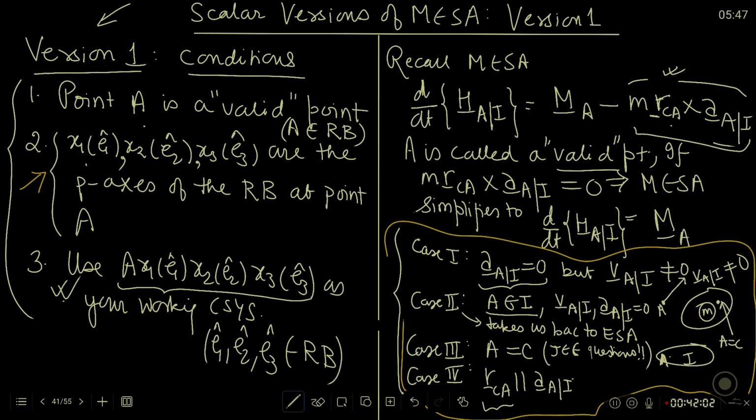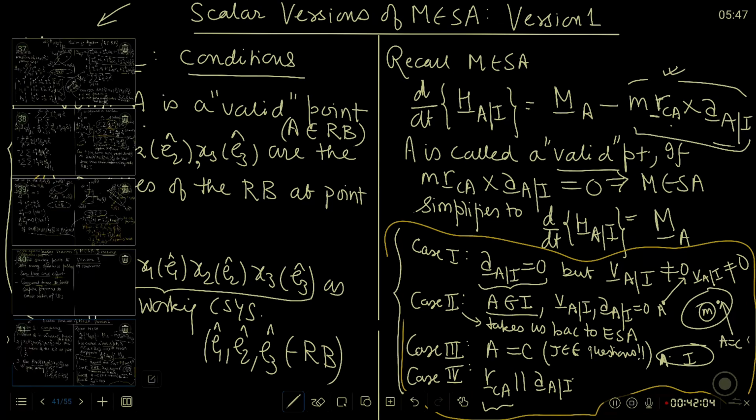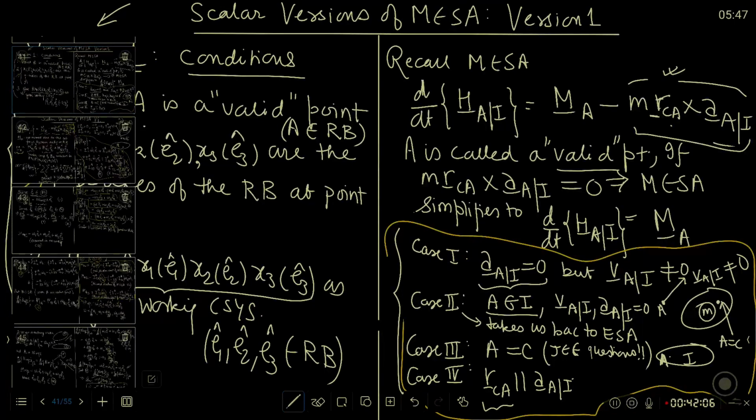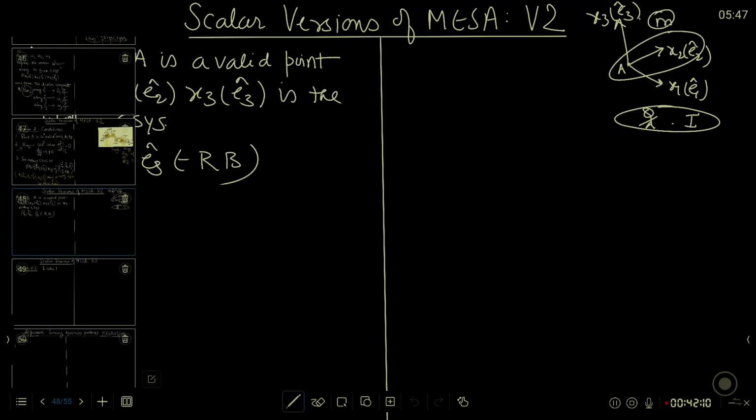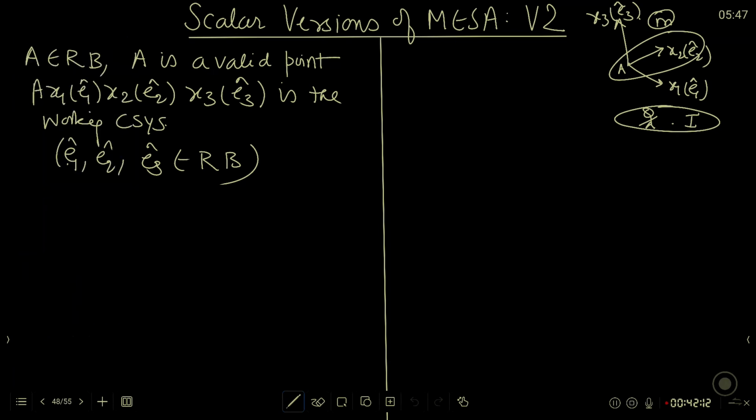So now the MESA would look like MA minus M RCA AAI, which is gone because A is a valid point.